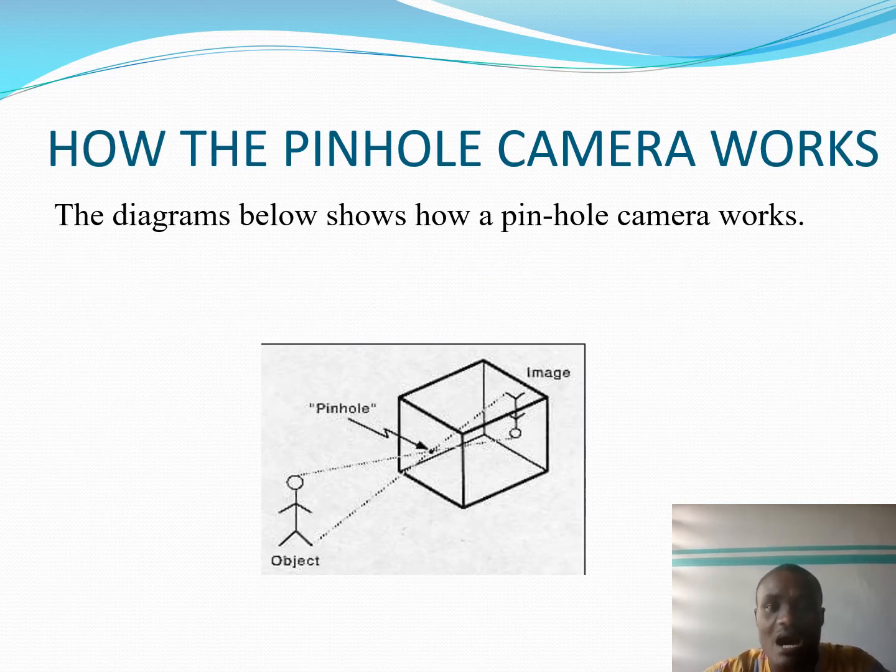So this is how the pinhole camera looks. You can see an object in front of the box. The rays of light from the object pass through the pinhole where the arrow is pointing. Inside, on the other side of the pinhole camera, you will see that the image is turned upside down.